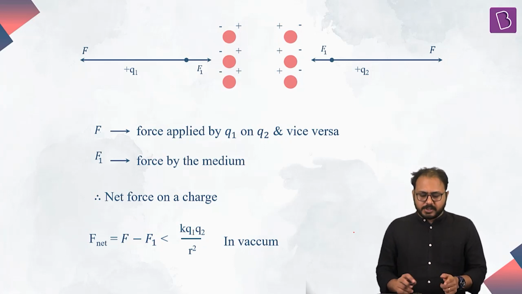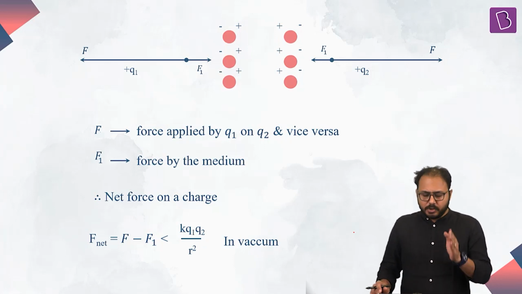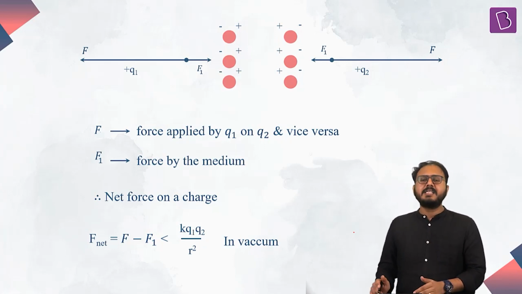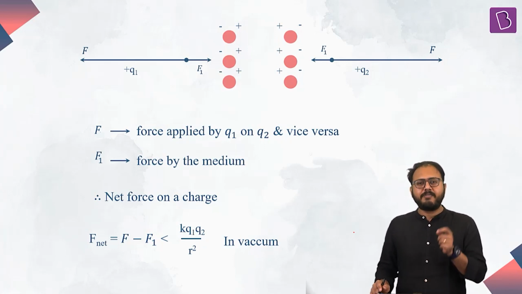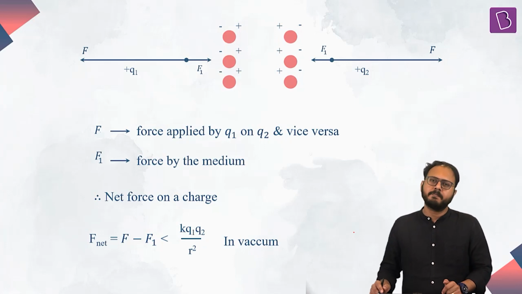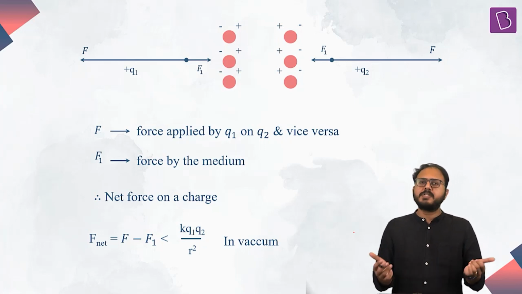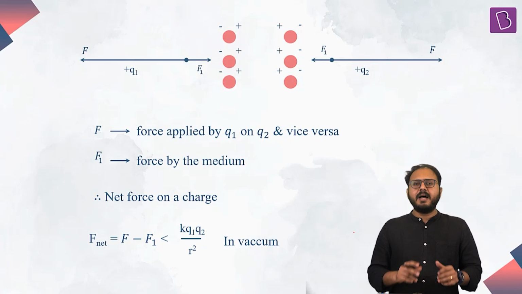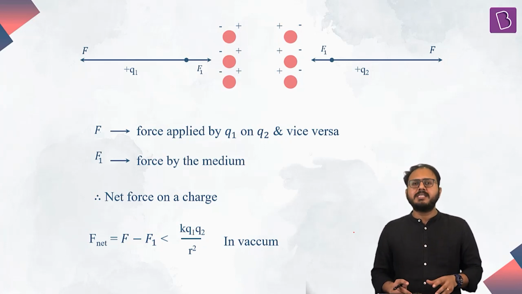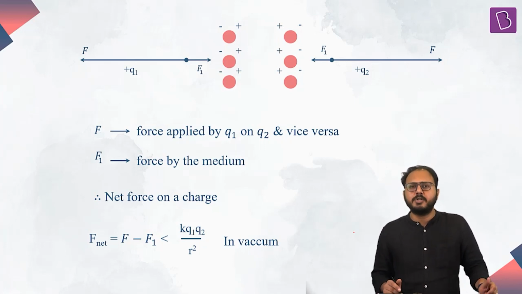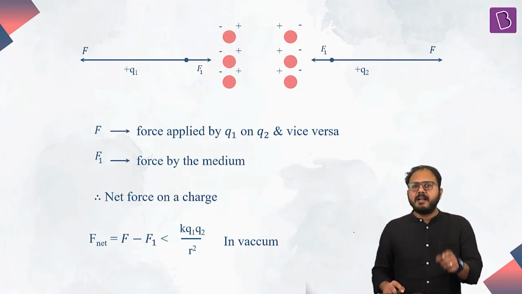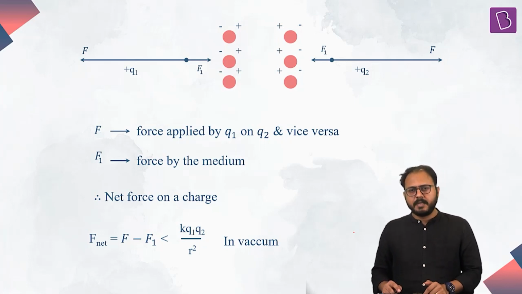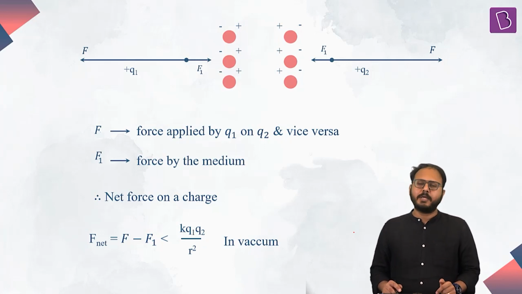Hence, net force on a charge is not just F1. It is the vector sum of F1 and F. Because they are oppositely directed, the addition of two vectors is actually subtraction in terms of their magnitude. That's why the net force on each charge ends up less than the original force in vacuum.